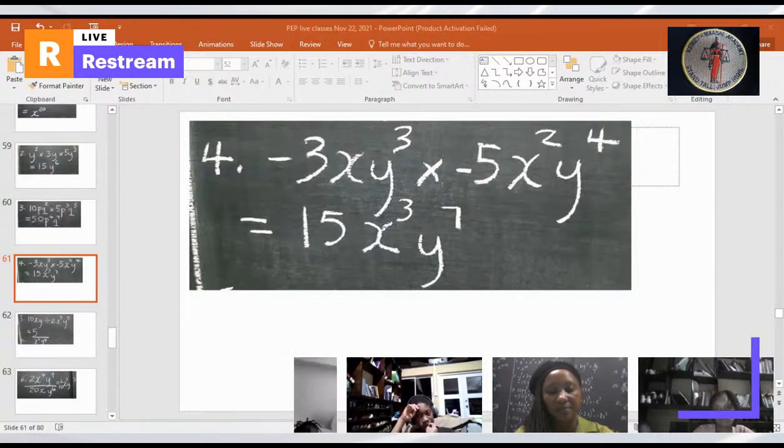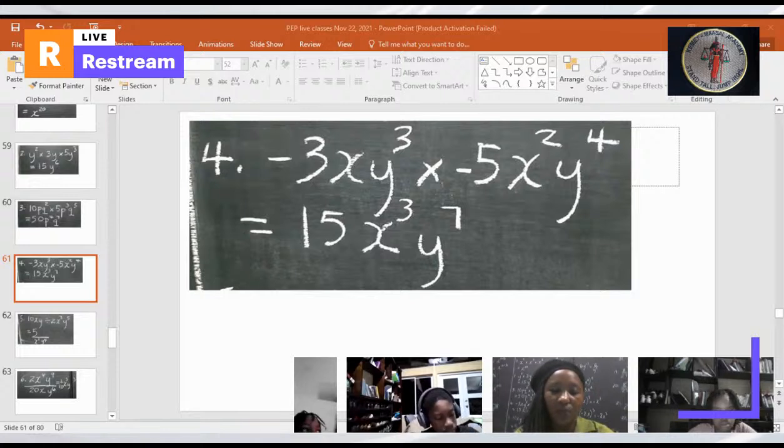So how did we get the 15? Negative 3 times negative 5 gives a positive 15.